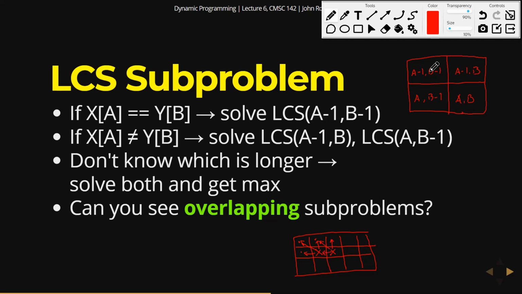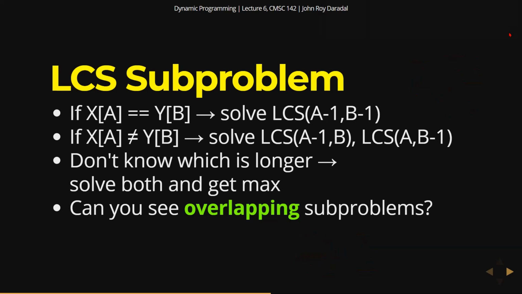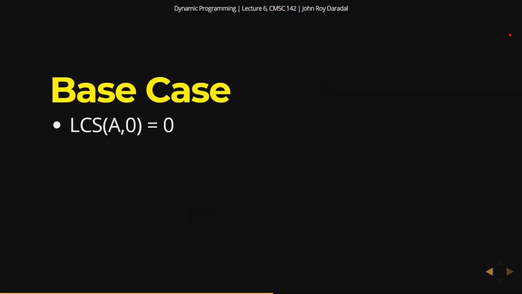So we've already seen a reuse or an overlap because this one has been used twice. And then if we move on to the next row, the previous row would now be the upper cell, and then here, and then the diagonal. So we'll be reusing all of these sub-problems again. So they are really overlapping. Okay, so that is the sub-problem.